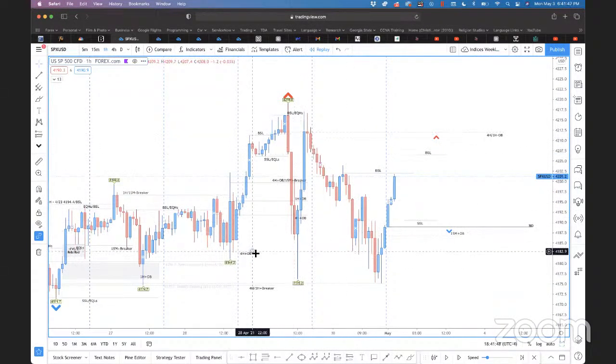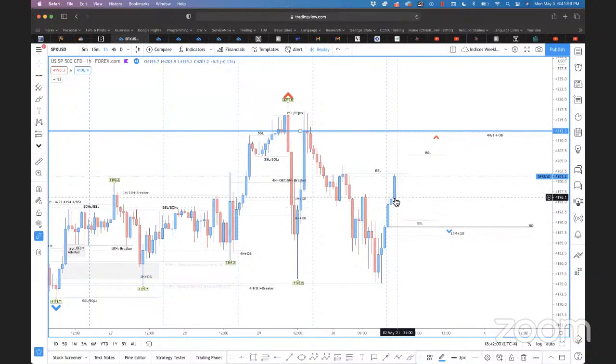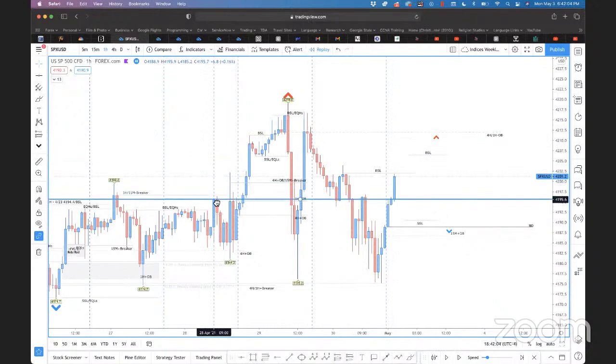So in this case on SPX, that's basically what just happened over here. They traded down into this order block. You would have been selling the break of this area right here. Let me put the line on there. You basically would have been selling the break of this right here, 41.95.